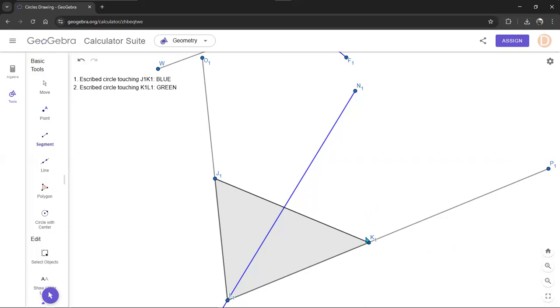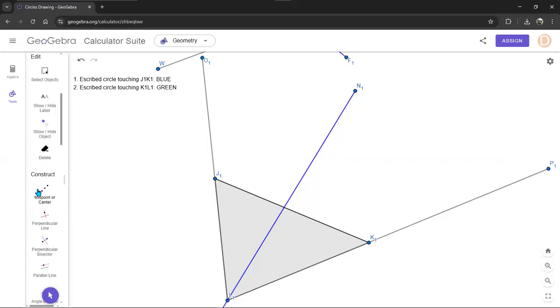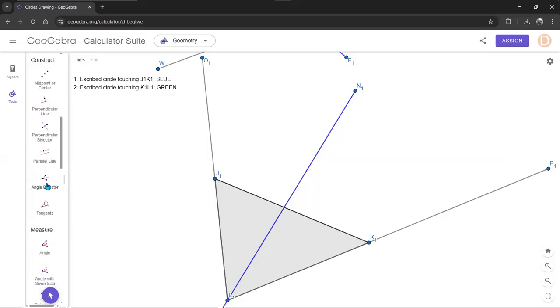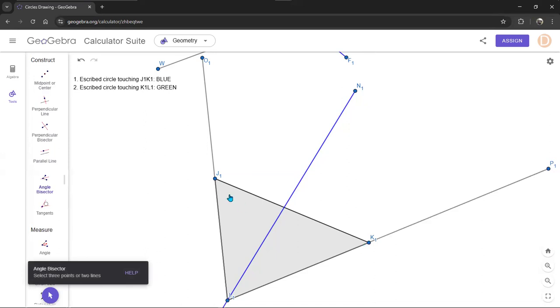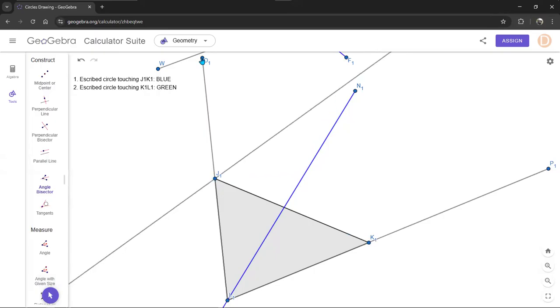So, as we know, the interior angle, this is one, and this one here. But now we need to bisect the exterior angles. So we just go to bisect them. Angle bisector. So the first one, it's at this vertex, J1. So we need to bisect K1, J1, O1.